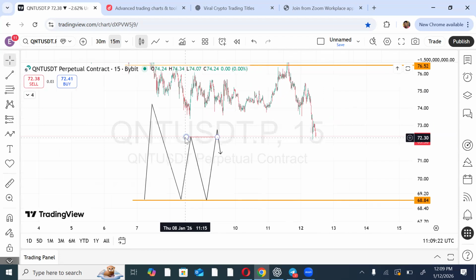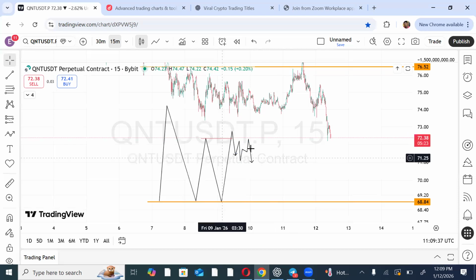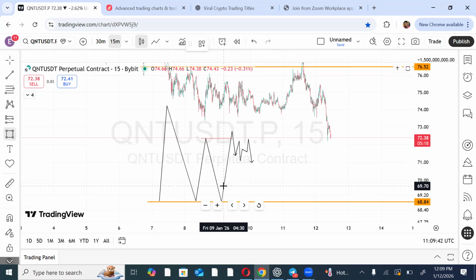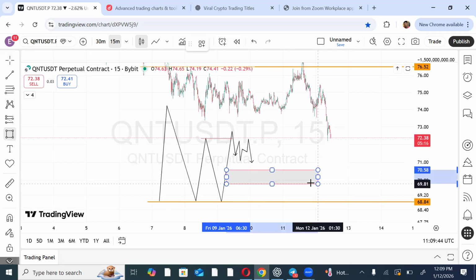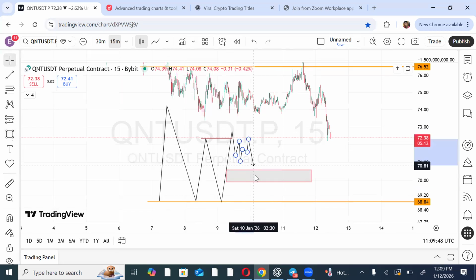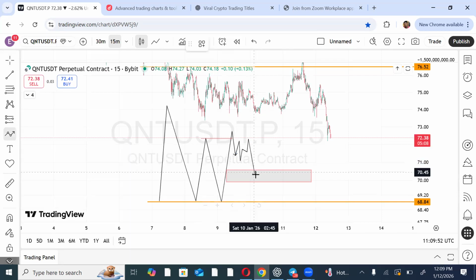The moment you see price take out an old high or a low and impulsively come down and then give you a continuation like this, this is not a break of structure. Don't start mapping out demand and expecting price to react from here and push to the upside.